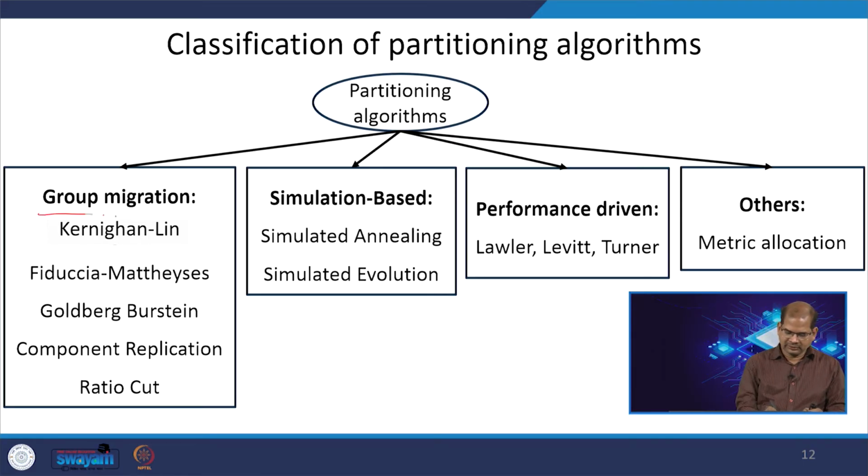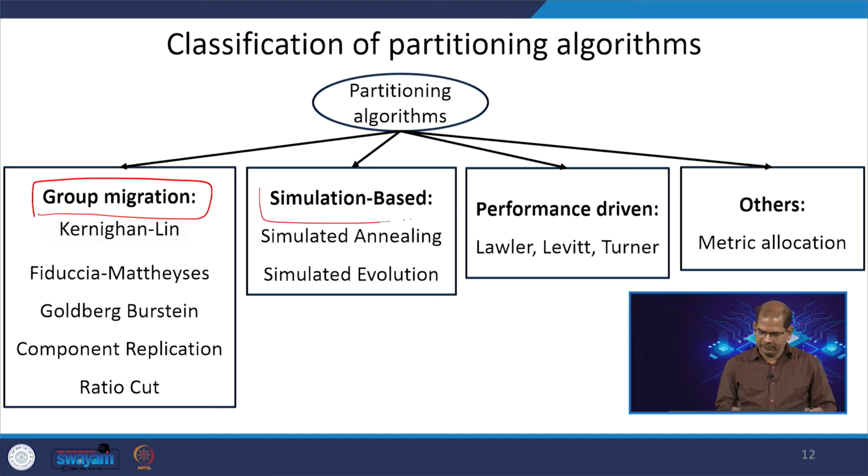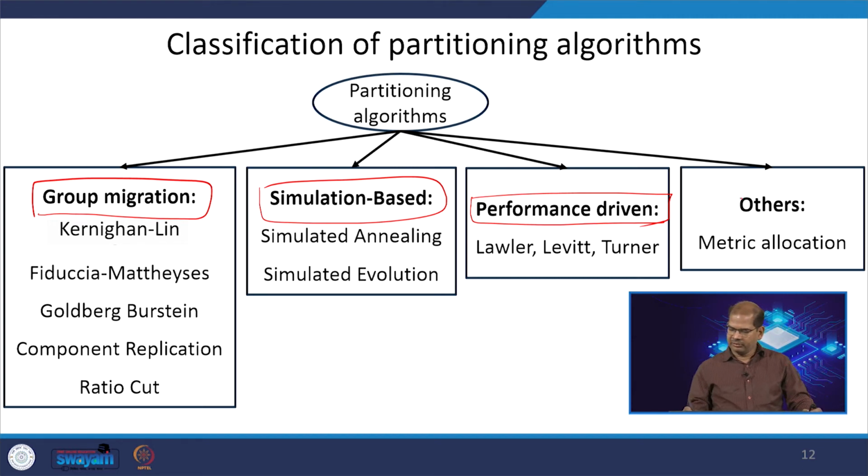Group migration is one category, then simulated based is another category, then we have the performance or speed driven algorithm, where delay or performance is one of the objective functions. Then we discussed the metric allocation algorithm.